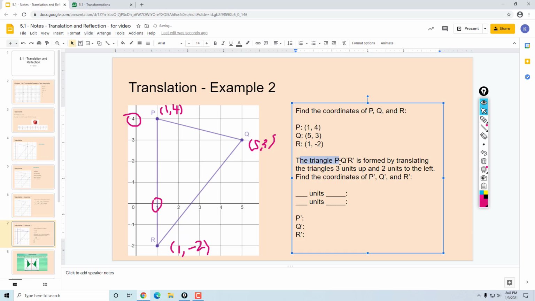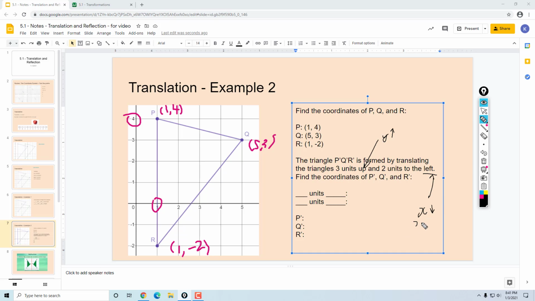The triangle P prime, Q prime, R prime is formed by translating the triangle 3 units up. Up, what does that mean again? Oh, up means y increases. 2 units to the left. Left means the x-coordinate decreases.